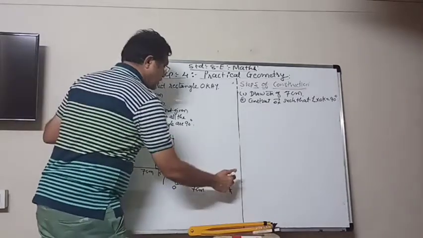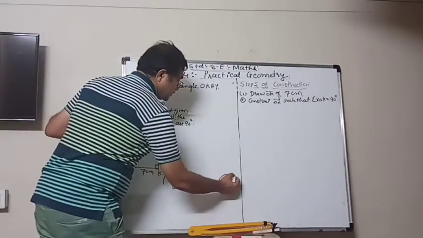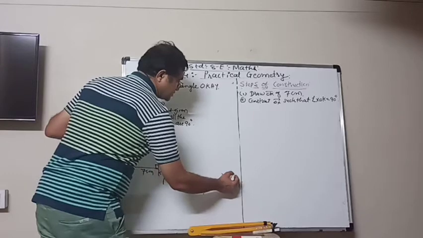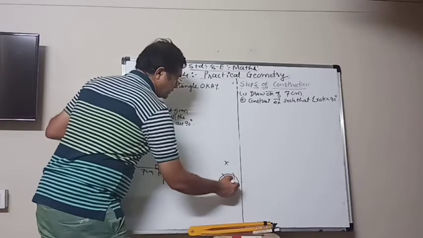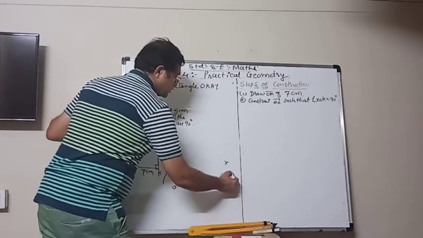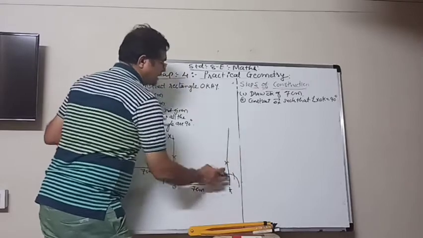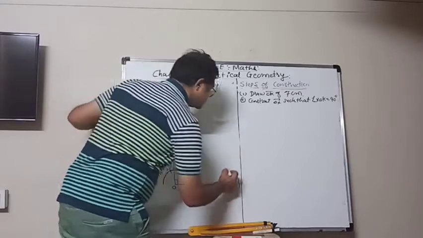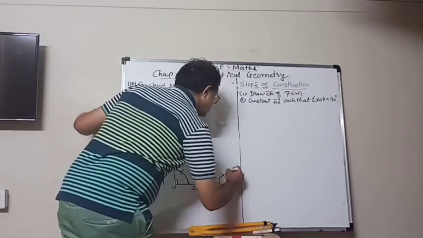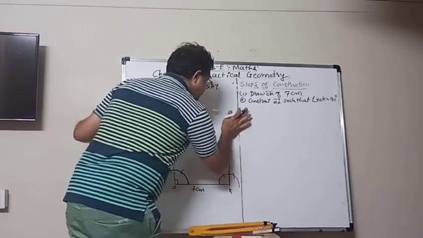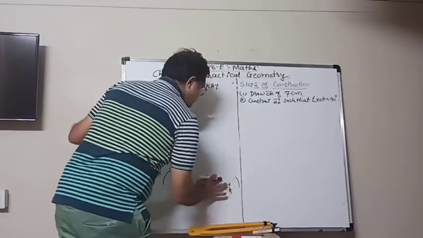Same thing we have to do here also. Draw an arc, then just keeping the same. Then from here also, you will draw a line segment of the 90 degree. How will you do it?